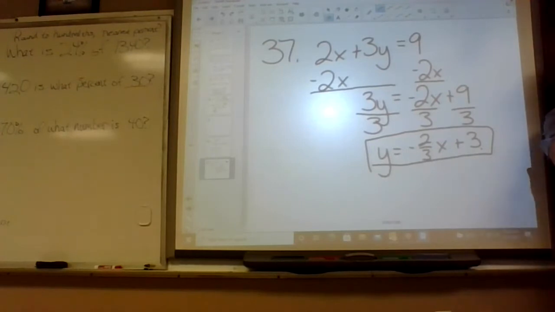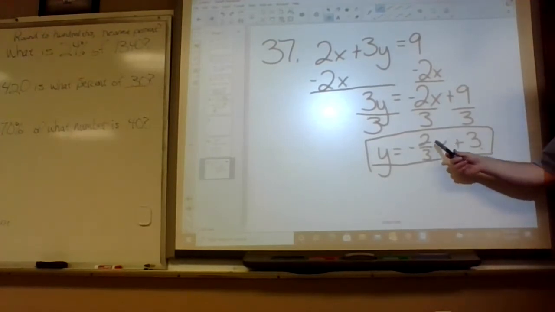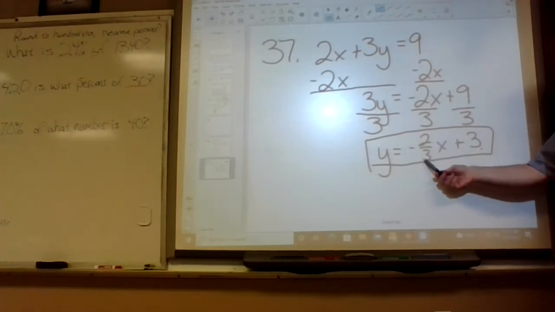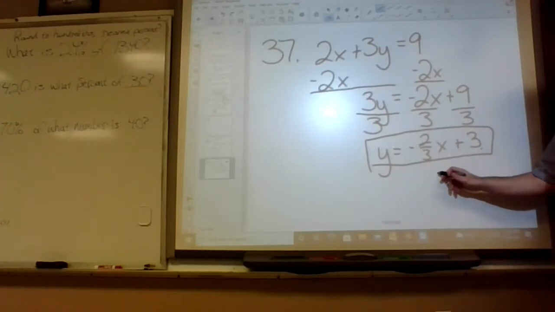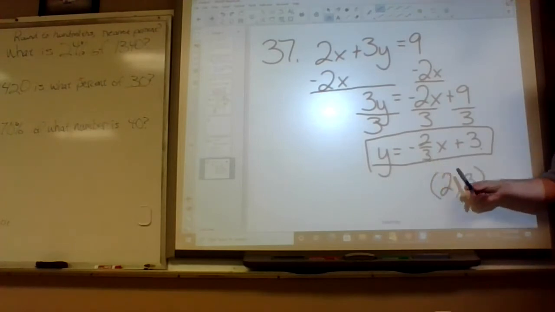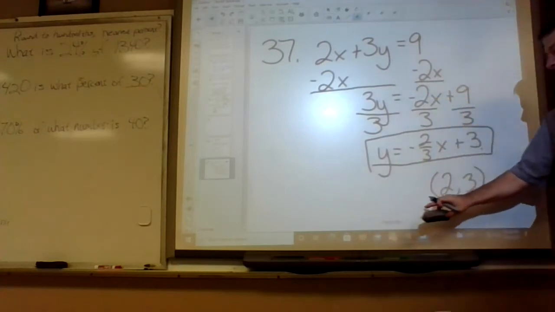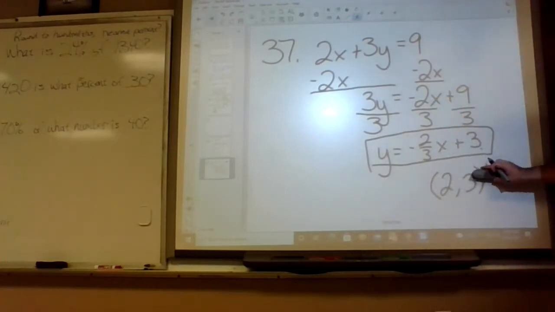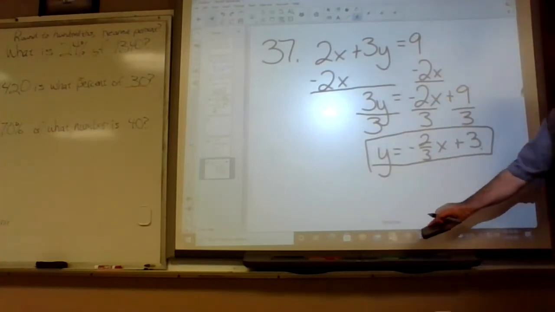Plus 3 is the y-intercept. Now, Dylan, this is a slope. The 2, 3 thing, when it's in parentheses and there's a comma, that's just an x and a y coordinate.